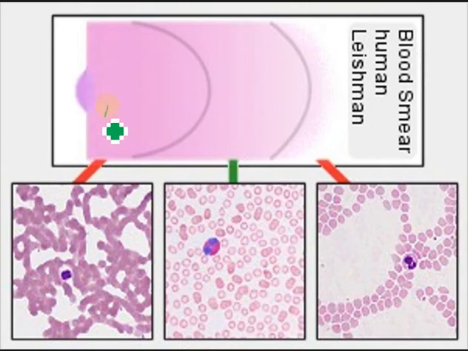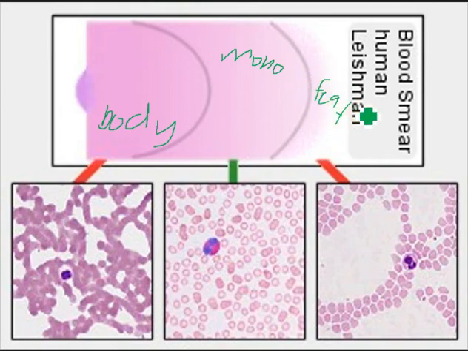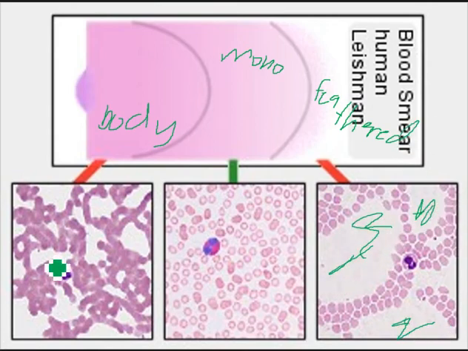This one is in your body area. As you can see, all the cells are clumped together, whereas this one is the optimal, your monolayer area. And for your feathered edge, as you can see, there are so many spaces. This one has so many clumps. This one is perfect. Okay, so I hope that's clear, guys.